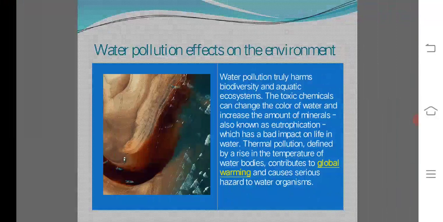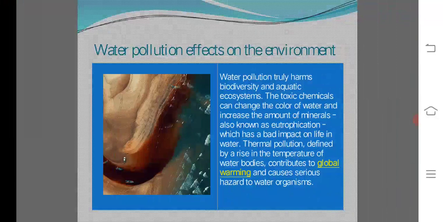Thermal pollution, defined by a rise in the temperature of water bodies, contributes to global warming and causes serious hazard to water organisms.